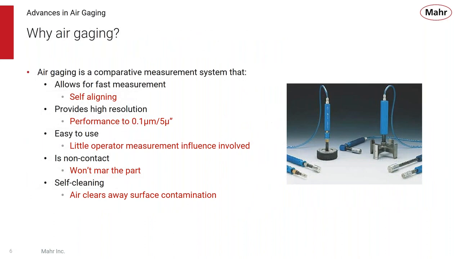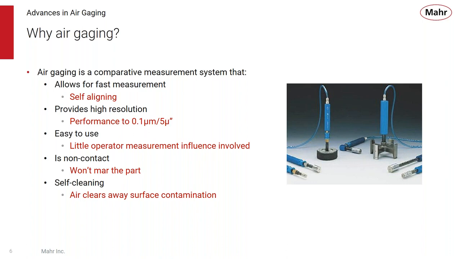So why air gauging? Well, air gauging is that comparative measurement system that allows for fast measurement because it's self-aligning. The tool is made specifically for the dimension that's being checked. You can get very high resolutions of 5 microinches or 0.1 micron. It's really the easiest to use, and because, again, it's made to the specific dimension, there's virtually no operator influence on the measurement.